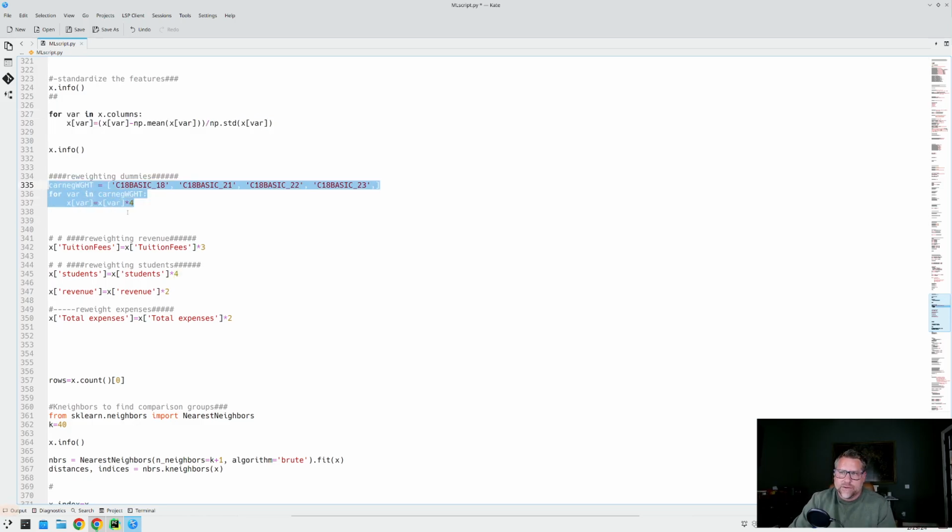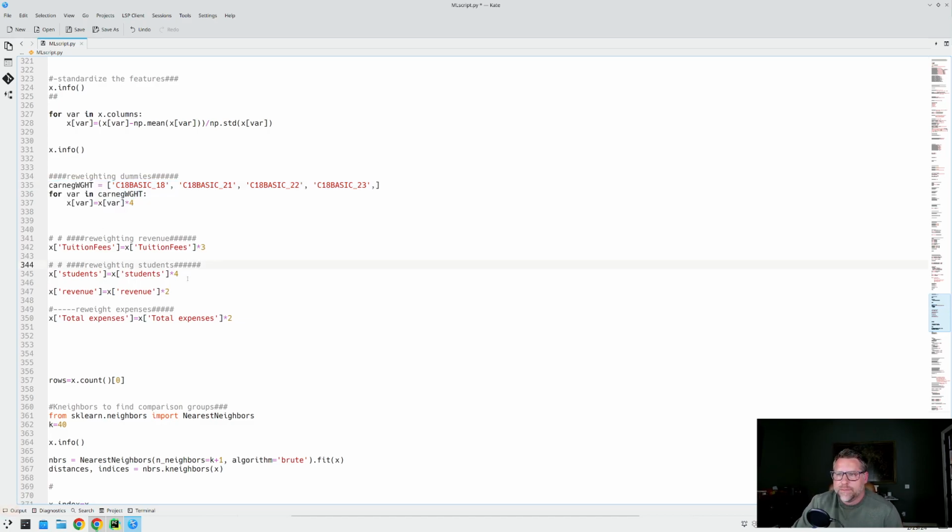So in the case of St. Xavier, it looks like I attached more weight to the Carnegie classification. The reason for that, of course, is that I wanted the peer set to be populated mostly, if not entirely, by schools that have the same Carnegie classification. It probably didn't happen just automatically because I had to add more weight to the Carnegie classification variable.